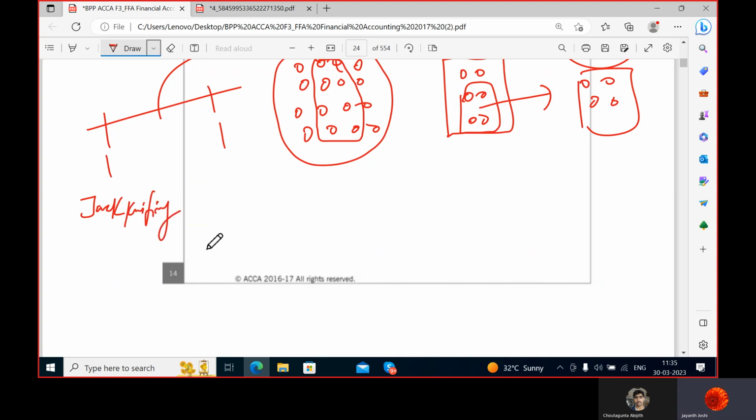So what is jackknifing? This technique is a resampling technique. Why do we use it? Because we use it for finding standard error, variance and bias of estimators.